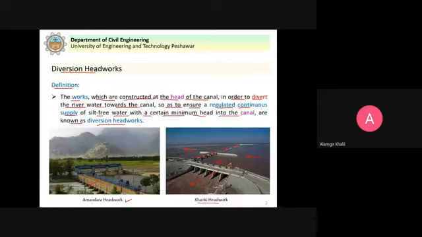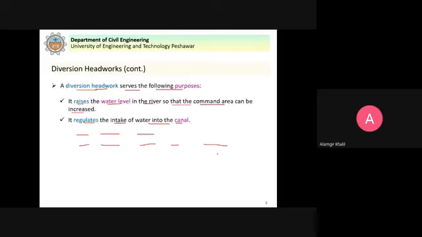This fluctuation will have an impact on the water flow to the off-taking canal. Because of the diversion headworks that we construct, these fluctuations are reduced. So that is one of the purposes: it reduces fluctuations in the river and consequently fluctuations in the canal flows, and stores water in case of short supplies.